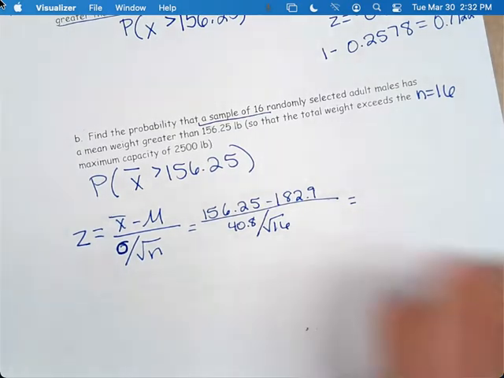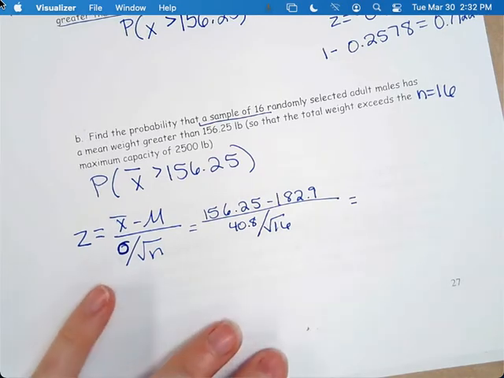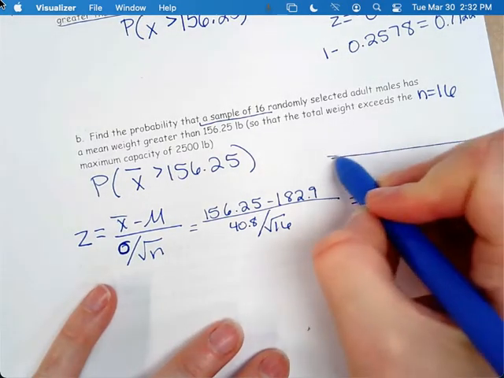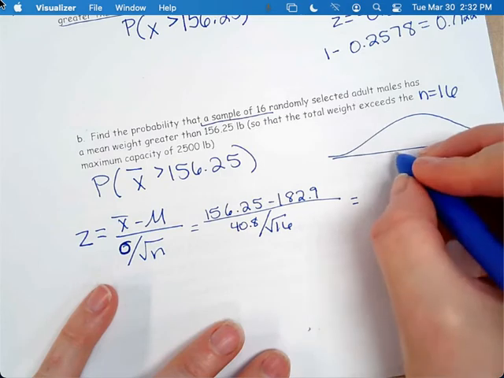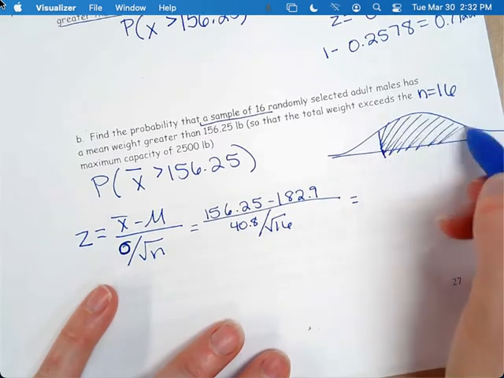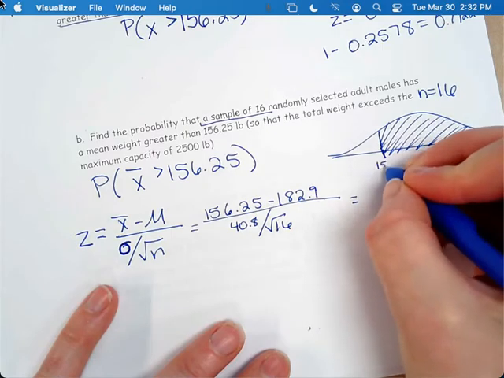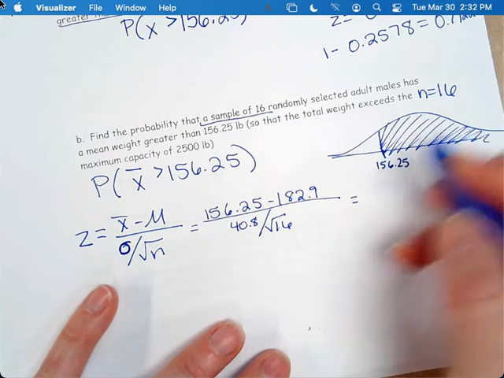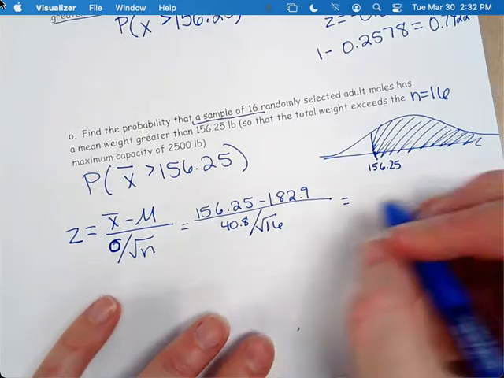And this is going to give us our z-score, which we'll have to find the area. But again, whenever we find the area, we're finding the area to the left whenever we do our table. So we are going to have to do the 1 minus.